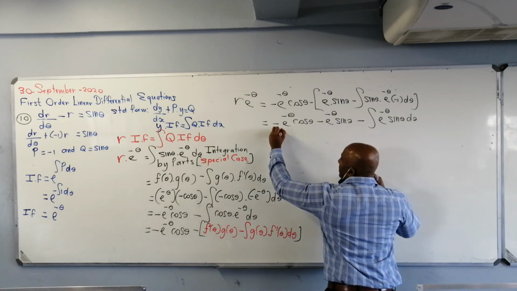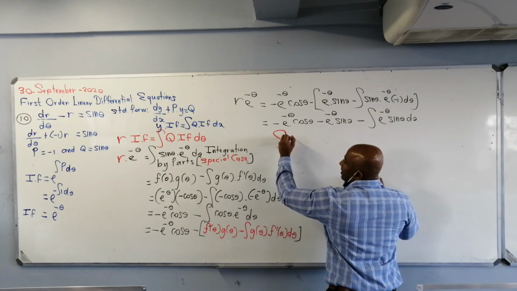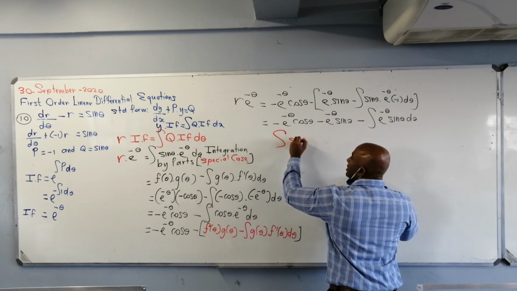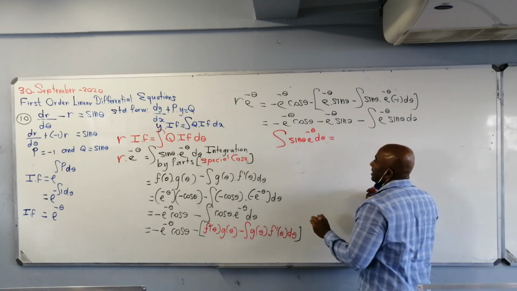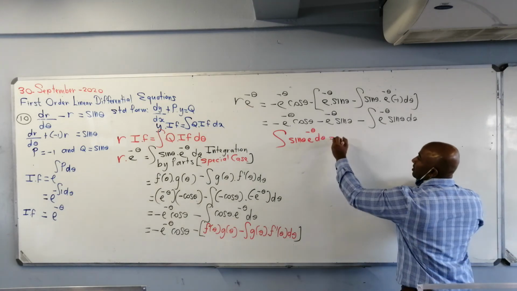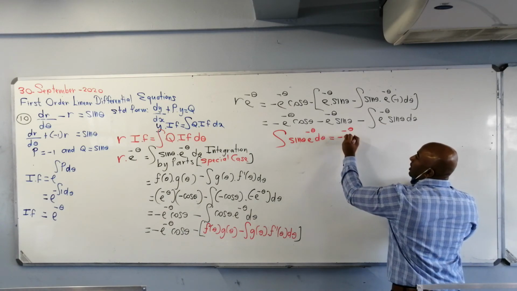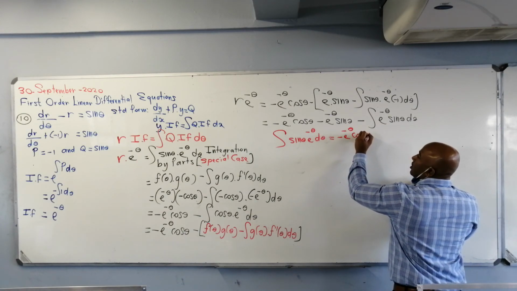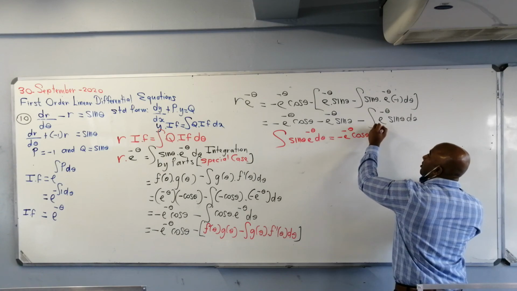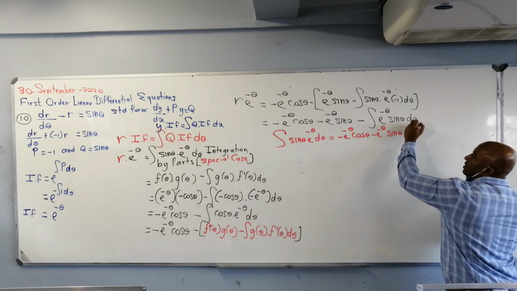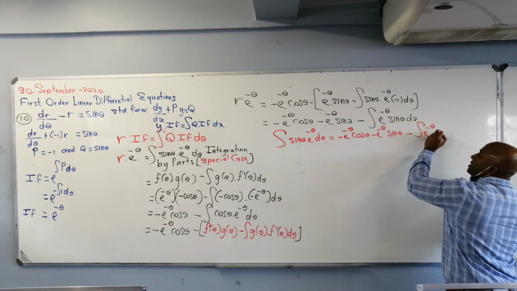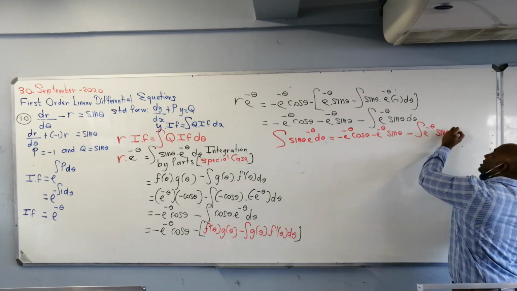The integral of sine theta e to the power minus theta d theta is equal to this part here, which is minus e to the power minus theta cos theta minus e to the power minus theta sine theta minus the integral of e to the power minus theta sine theta d theta.